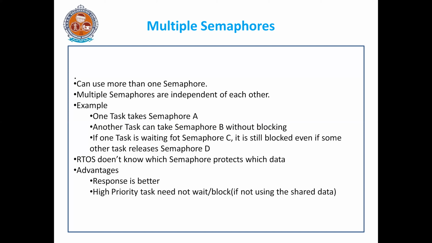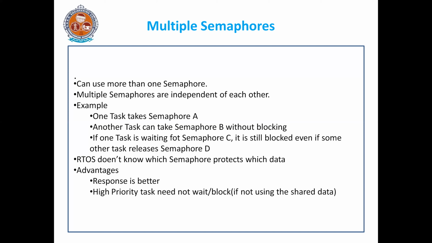Suppose another task tries to take semaphore C. In this example A, B, C are being taken by some tasks, but D is free, or it is being released by some other task.